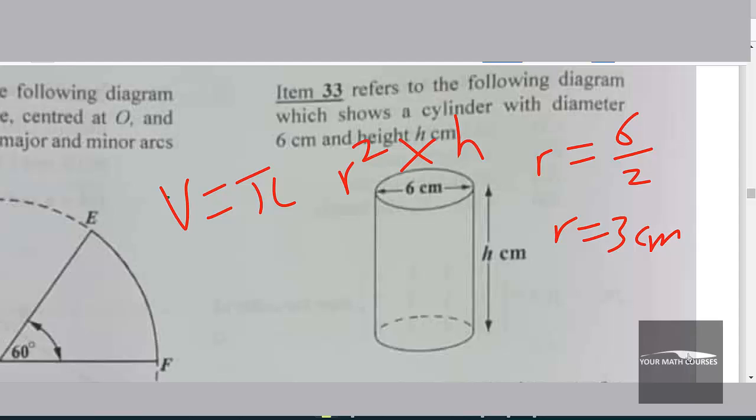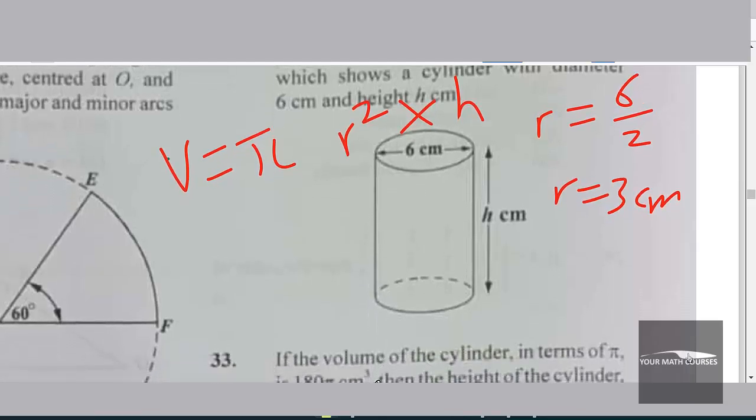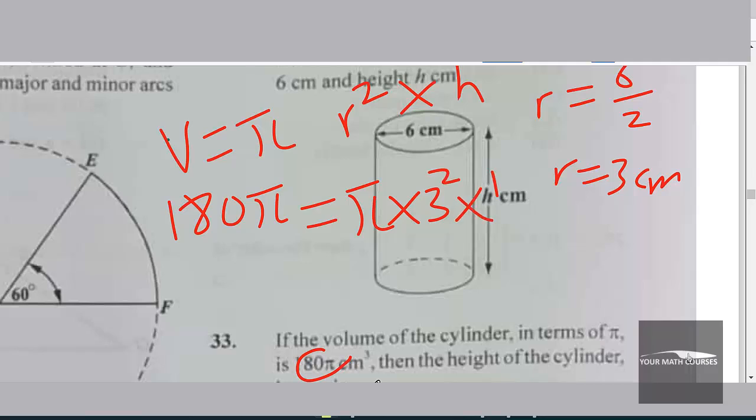So the volume is giving us 180 pi centimeter cube. So we substitute 180 pi over here, and that should be equal to pi r square, which is 3 squared times h.